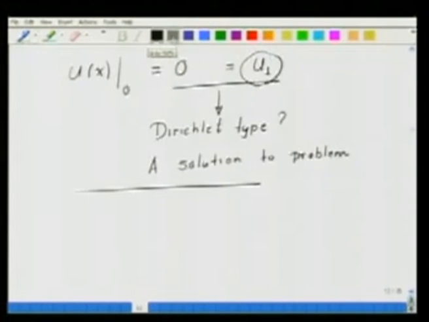So what do we do? Let's go to the next problem. Since we are playing with problems, let's do this one. Here is a bar.